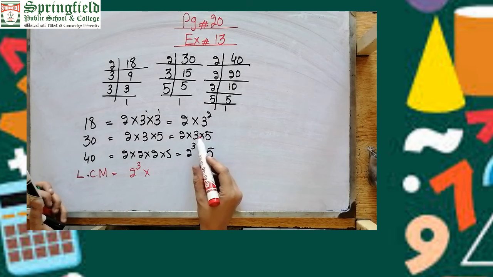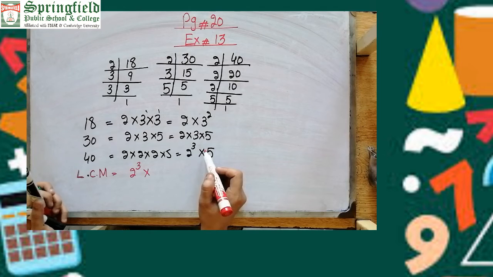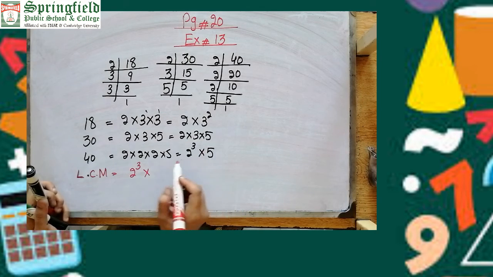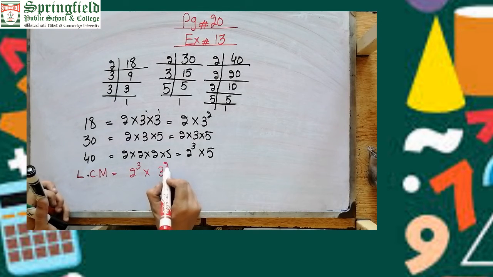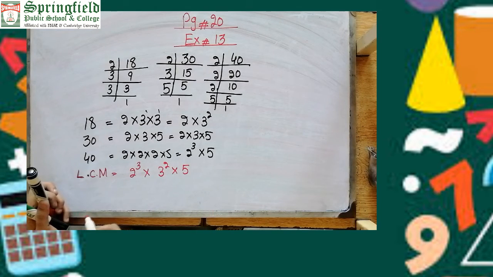And the non-common factor is 3 and the highest power is 2. And next, 5. Now open the squares, open the cubes. 2 power 3 means 2 will be written 3 times. 3 square means 3 will be written 2 times, and then 5.